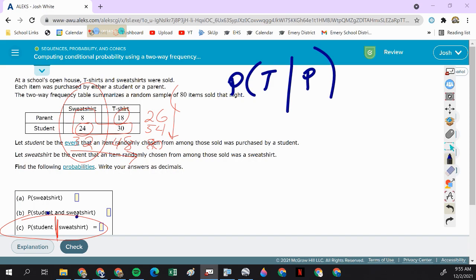So whatever is in the given section, that tells you which row or which column to look at. So in this case, parent is a row. So we're only allowed to look here. How many of those people were t-shirt purchasers? 18 out of 26. So that line means given, and it tells you which row or which column to look at. Okay?